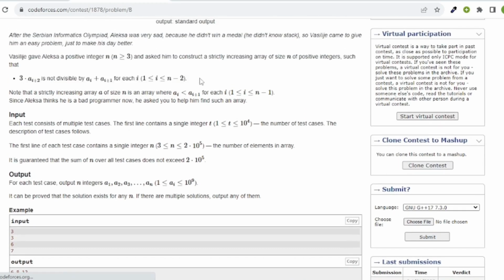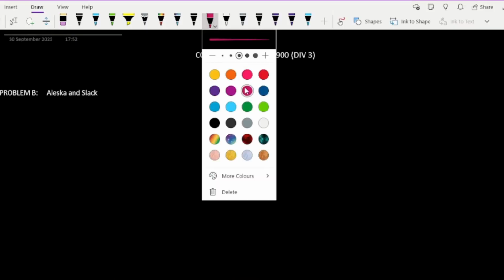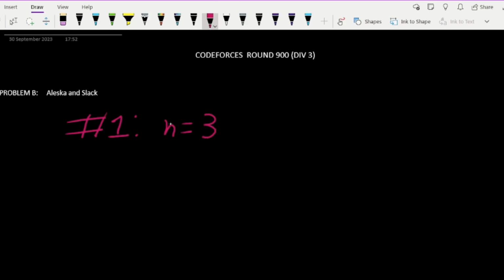Okay, so let me explain through my editor. Let's take test case 1, in which n is equal to 3.